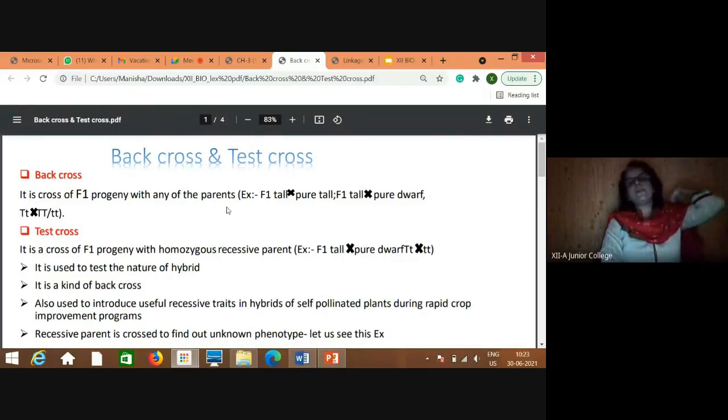Either means one parent is homozygous dominant, with both capital T, and the other parent is homozygous recessive. That means F1 plants, which are heterozygous, capital T small t, when crossed back with any of the parents, homozygous dominant or homozygous recessive, that means pure tall or pure dwarf, that cross is called a back cross.